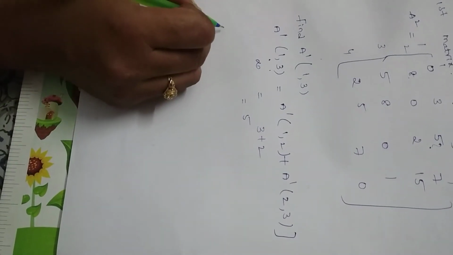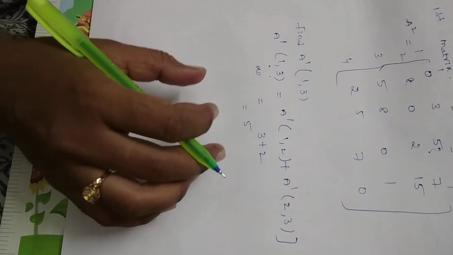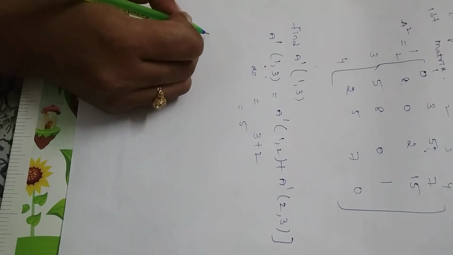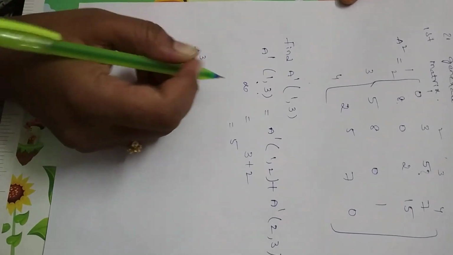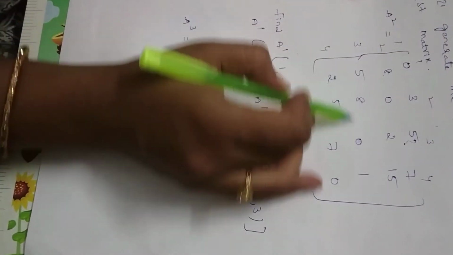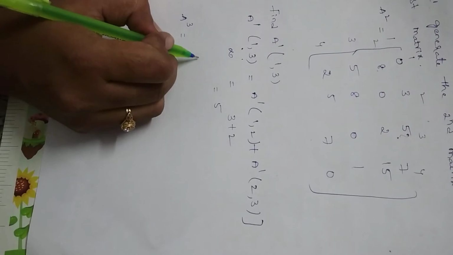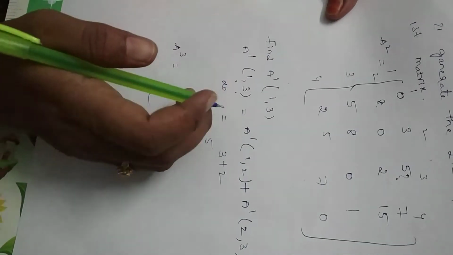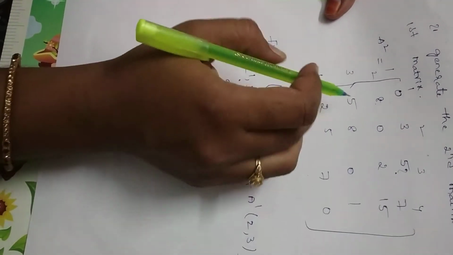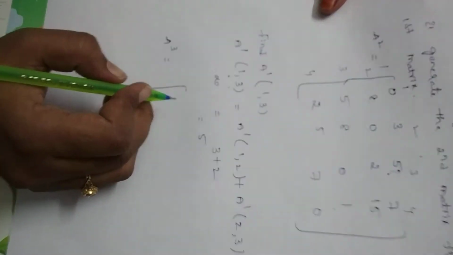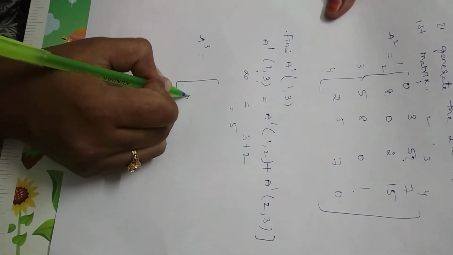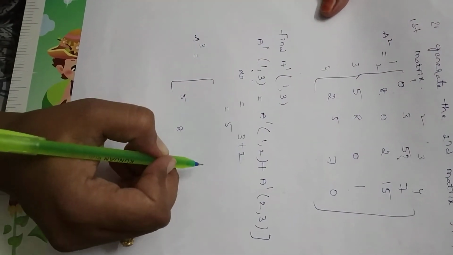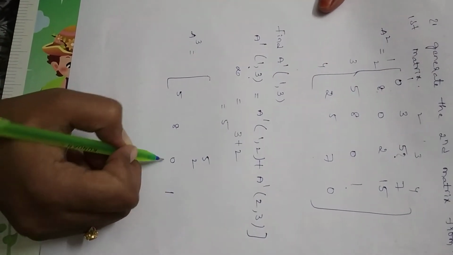Next, I generate the third matrix from the second matrix. So A^3 is the third matrix. Take the third row and third column. The third row is 5, 8, 0, 1, and the third column is 5, 2, 0, 7.